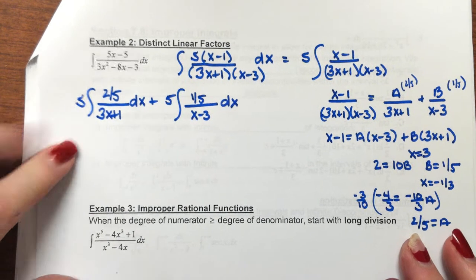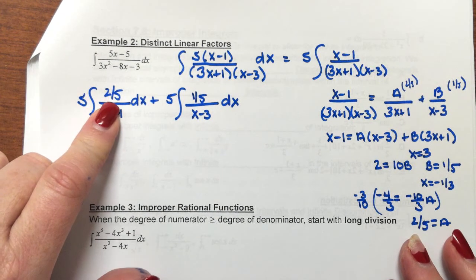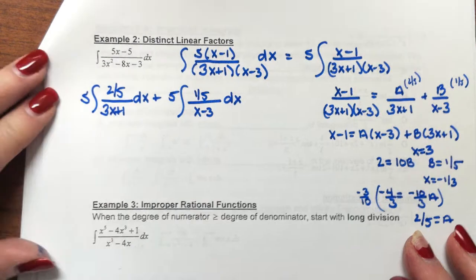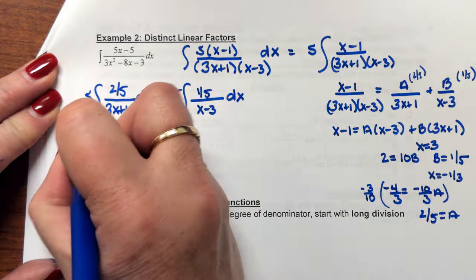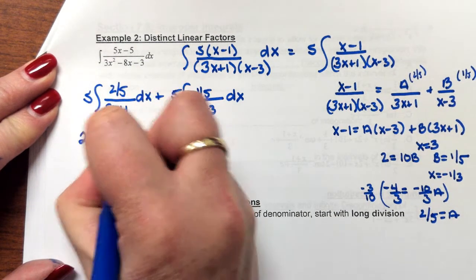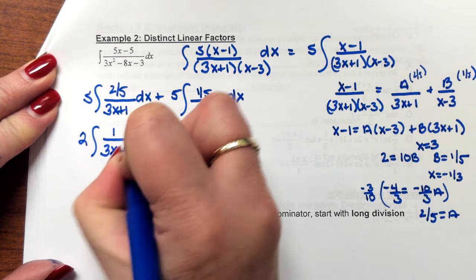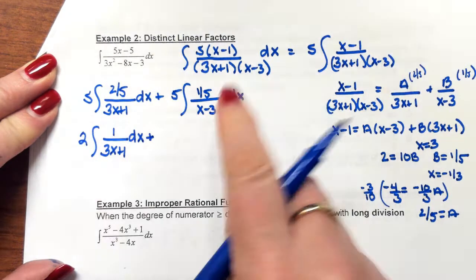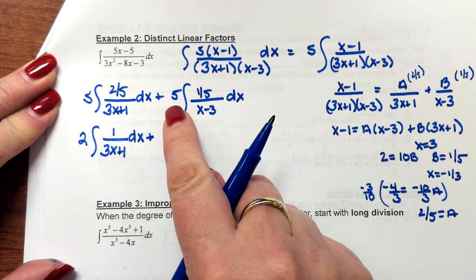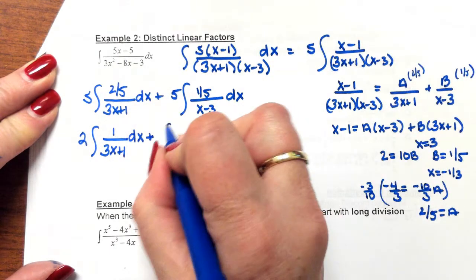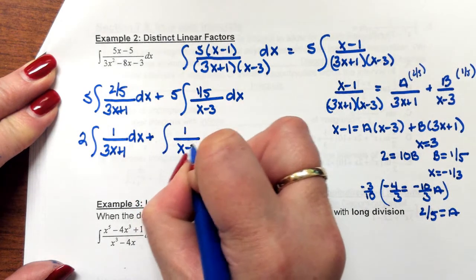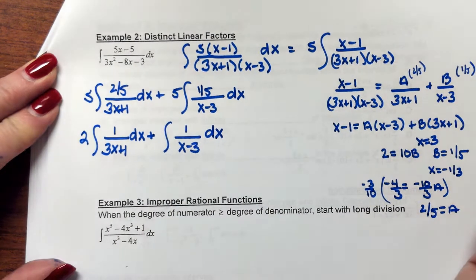Now I can pull out my constants. Pull out 2/5: 5 times 2/5 gives me a 2 times 1 over 3x plus 1. I can pull out my 1/5: 5 times 1/5 is just 1, so I have plus 1 over x minus 3 dx.